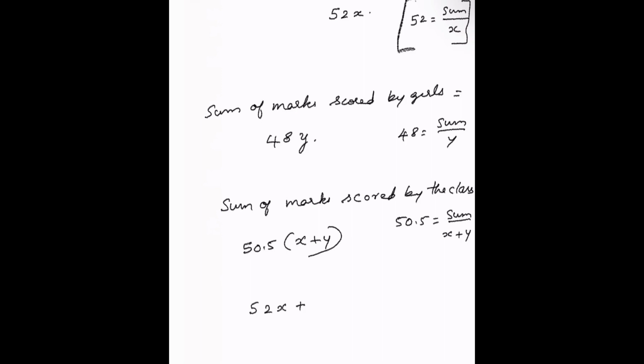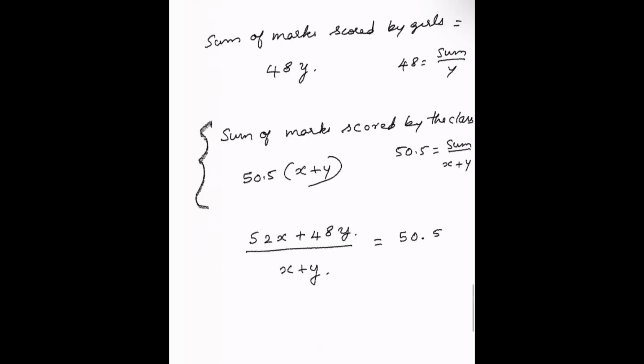52x plus 48y divided by x plus y is equal to 50.5. Sum of marks scored by girls plus sum of marks scored by boys divided by total number of students. Total number of students means number of girls plus number of boys. Don't you think that gives me the class average?